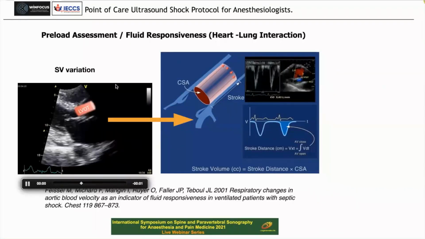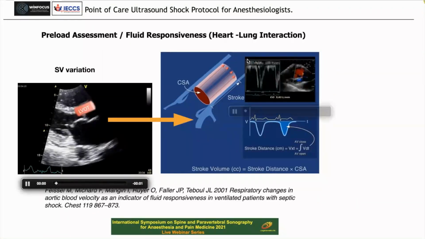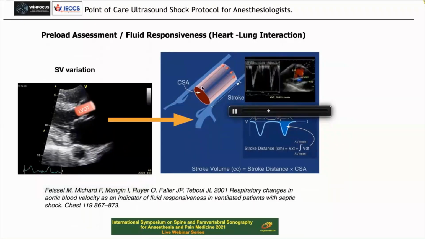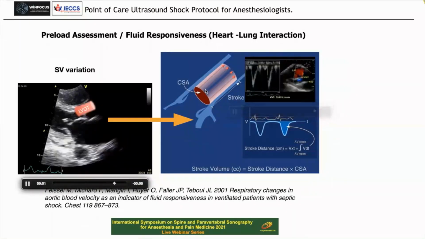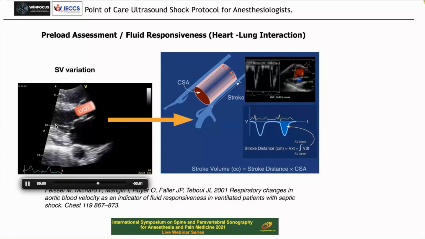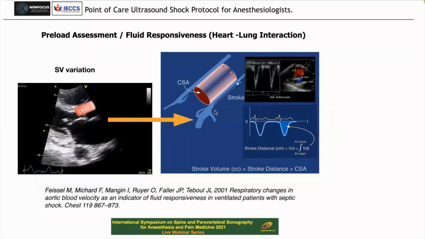So for stroke volume, this is the VTI envelope. This VTI represents the amount of blood that goes through the LVOT every time the LV contracts, and it is the best surrogate for stroke volume.